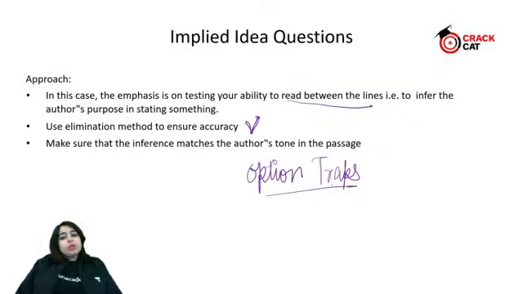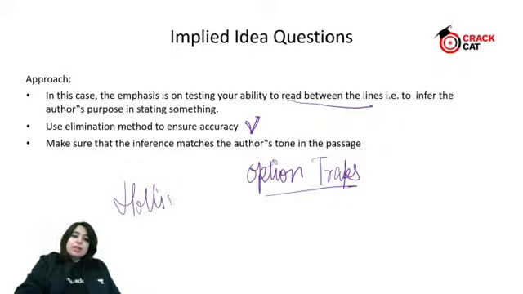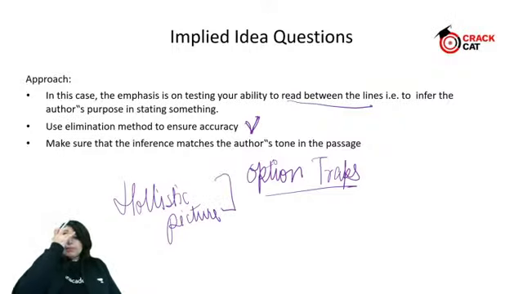And we also have to make sure that the inference matches the author's tone in the passage. Sometimes some option appeals so much to us that we end up marking the incorrect ones. So always check whether it goes along with the holistic picture shared in the passage. Always keep this in mind.